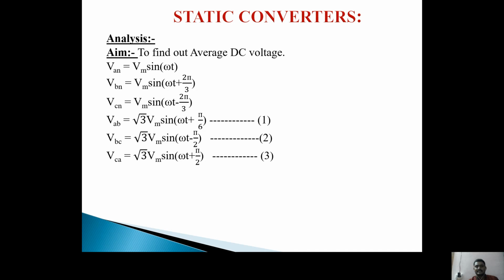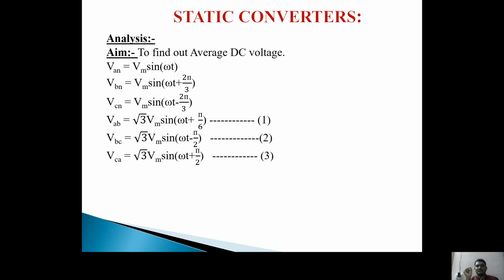Coming to the analysis, firstly we have to find the average DC voltage. That is the aim of this case, to find the output average DC voltage. Here I am taking VAN, VBN, and VCN, the phase to neutral voltages, that is phase to transformer neutral.